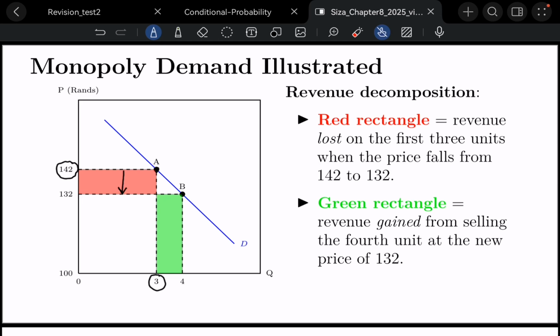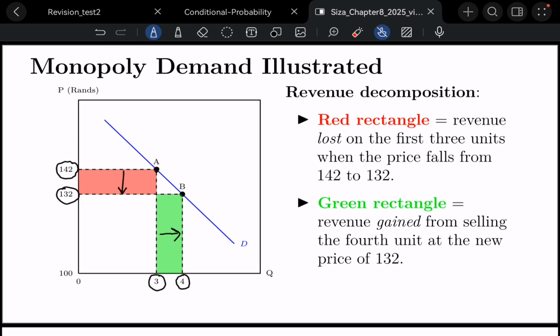So they lose 30 rands, but they actually also gain some revenue because they've increased how many goods they're selling, and the gain in revenue is exactly equal to the new price because you are selling one more unit, right? Because now you're selling four, meaning that the gain in revenue is equal to the new price, which is 132.